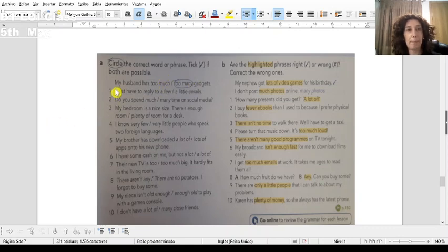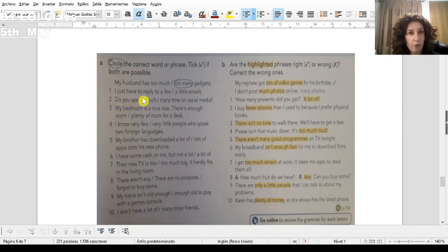Per exemple, my husband has too much or too many gadgets. Tiene demasiados aparatos electrónicos. Tiene una S, es plural, es contable. Entonces, demasiado para sustantivo, too many porque es contable. Let's say number one.